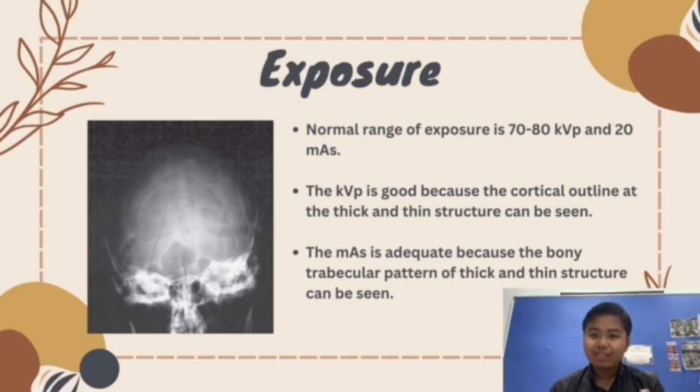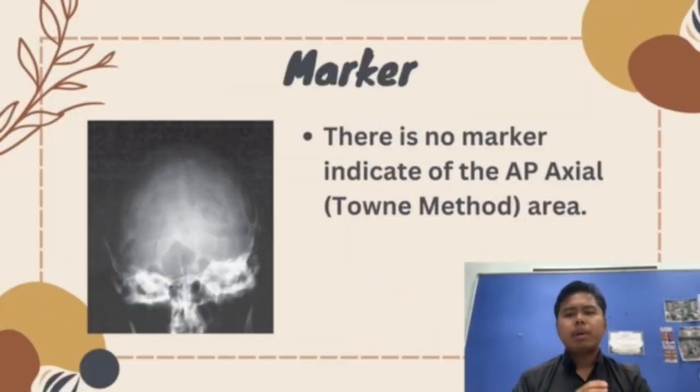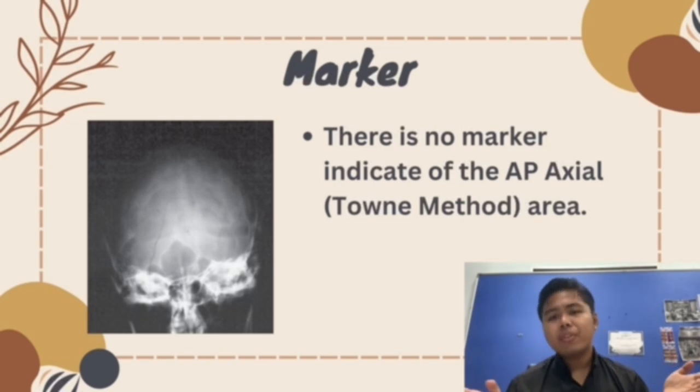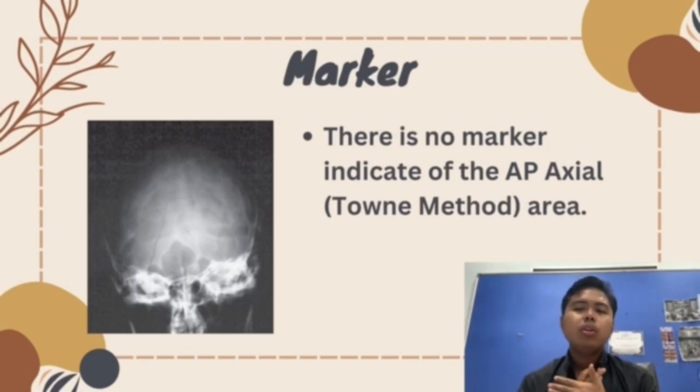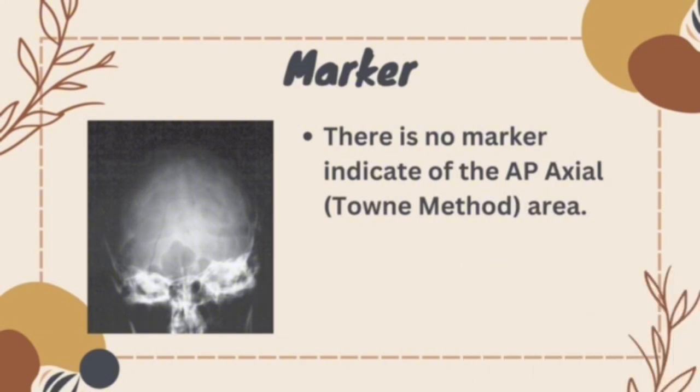For the mAs, it is adequate because the bony trabecular pattern at the thick and thin structure can be seen. For the marker, as you can see in the radiograph, there is no left or right marker indicating the epiaxial Town method area.